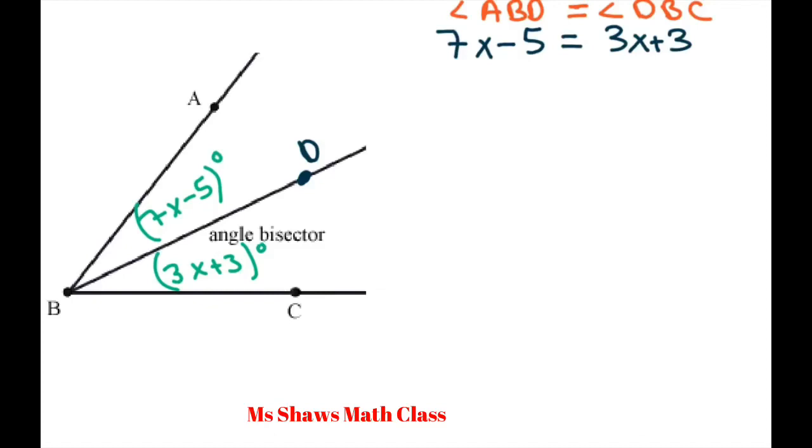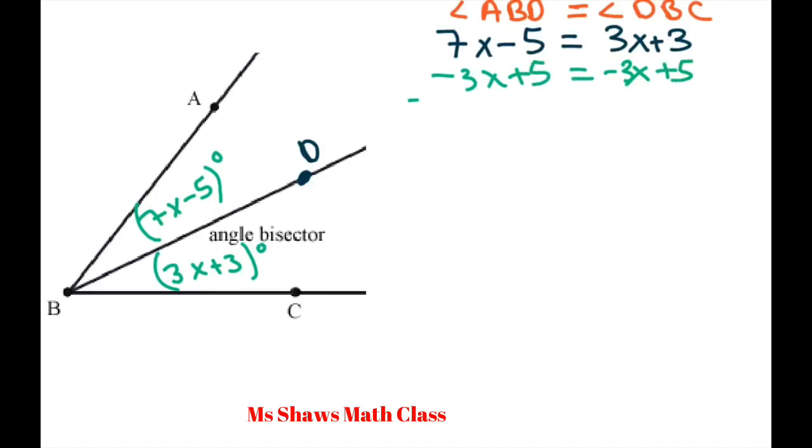So let's solve for x. I'm going to subtract 4x from both sides and add 5 to both sides. I'm not subtracting 4x, I'm subtracting 3x. Sorry about that. So subtract 3x from both sides, add 5 to both sides.